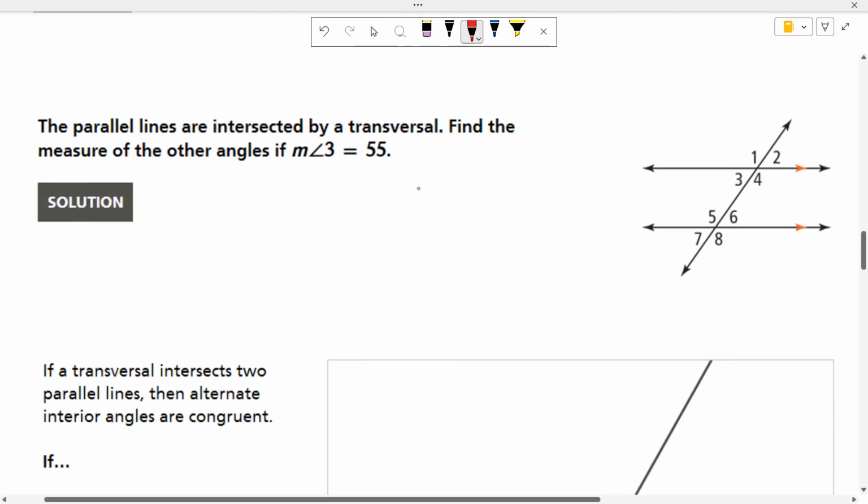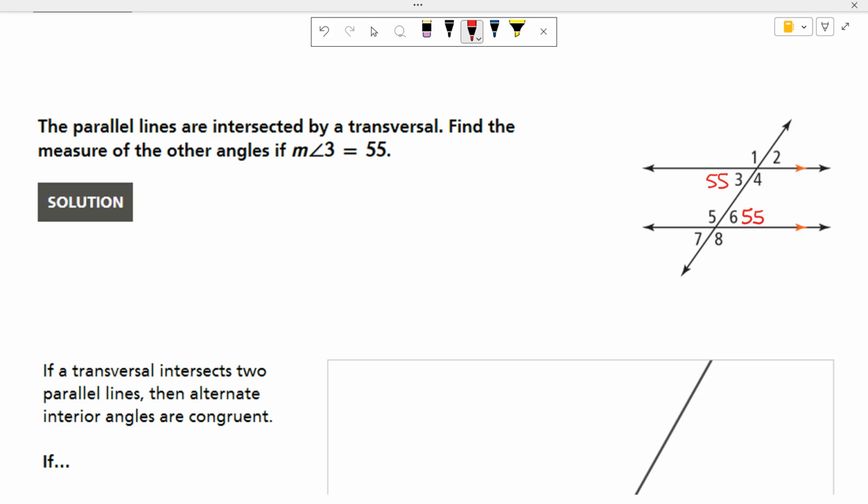So if angle 3 is 55 degrees, okay, let's find the other angles. What's another angle on this that's 55 degrees, Tyson? 6 is 55 degrees. Okay. What's another one that's 55 degrees?